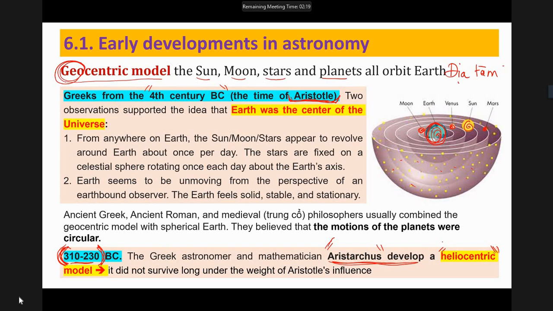However, in fact heliocentric is the right model for the solar system. It didn't survive long because of Aristotle's influence in science and in society at this time.